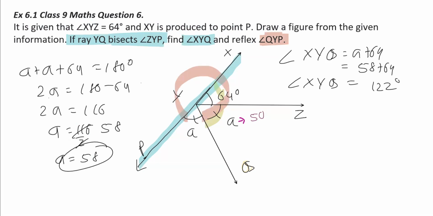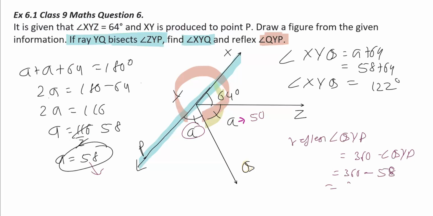So we'll simply write that reflex angle QYP should be equal to 360 minus angle QYP. From the figure, as you can see, QYP is angle A, and A we have got as 58. So it will come as 302 as the value of reflex angle QYP.